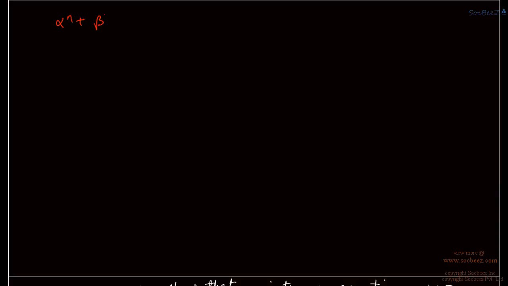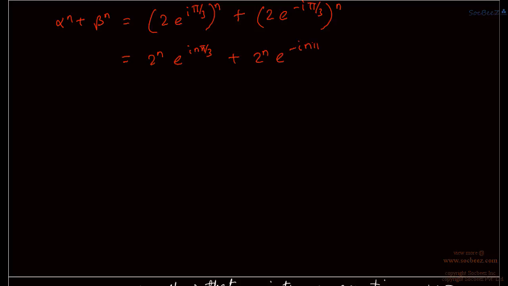So alpha power n plus beta power n is equal to 2 e power I pi by 3 whole power n plus 2 e power minus I pi by 3 whole power n, which is 2 power n e power I n pi by 3 plus 2 power n e power minus I n pi by 3.